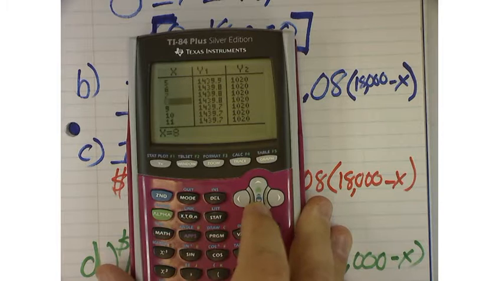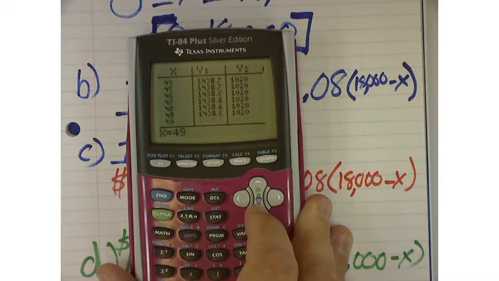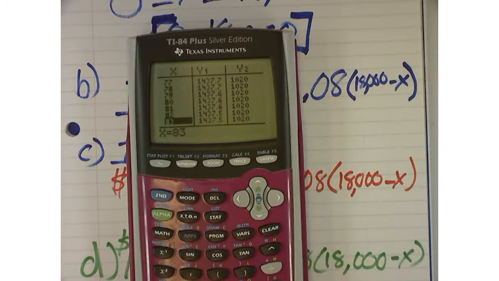So I have to keep going down, down, down, until y equals 1185. Boy, that'll really take me a long time, won't it? So how can I change that?